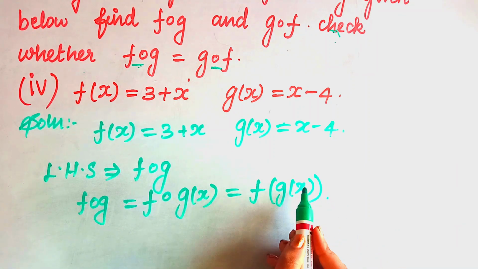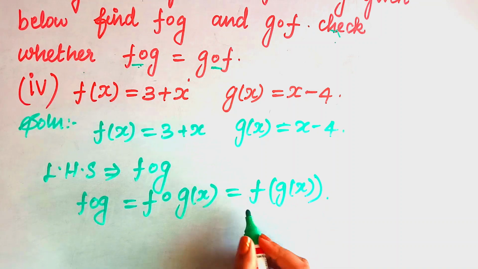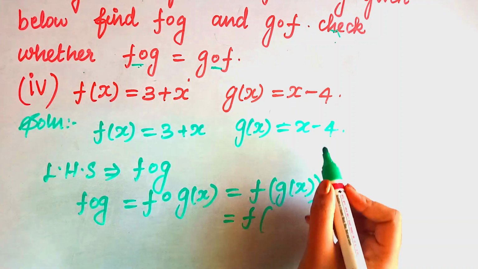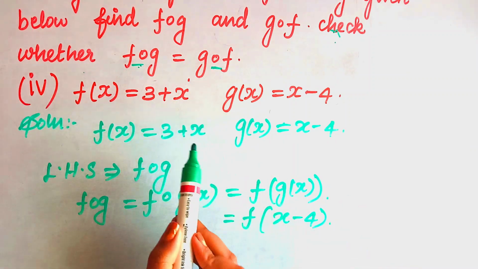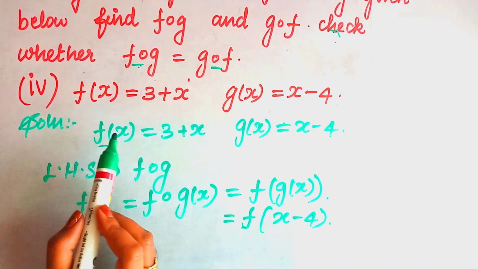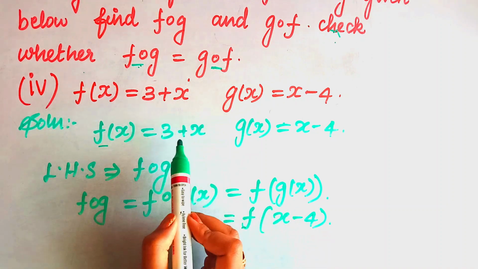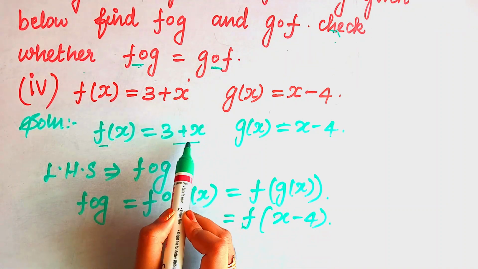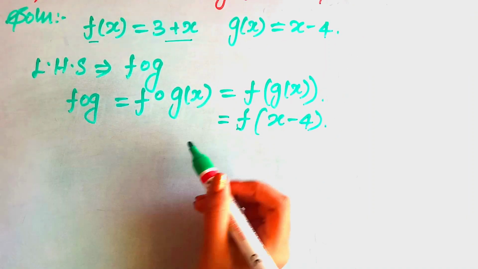Now we have to substitute g of x in this equation, so that you will get f of, in the place of g of x you will substitute x minus 4. Now we have to search the function f. Here there is an f and here there is an f, but in the place of x we have x minus 4, right? So in the equation, in the place of x you have to substitute x minus 4. So let's substitute.